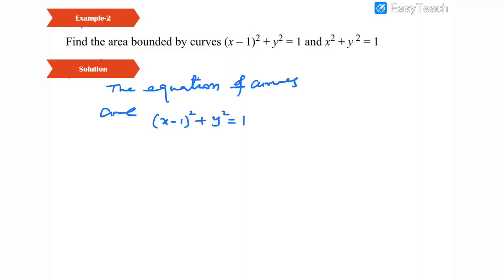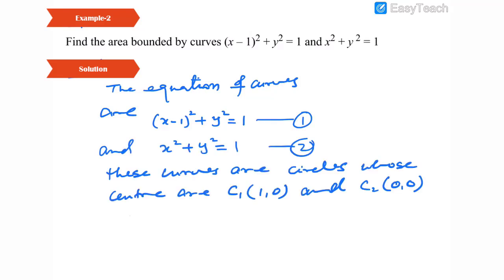The equations of the curves are given: (x minus 1) whole square plus y square is equal to 1, and x square plus y square is equal to 1. Take these as equations 1 and 2, whose centers are (1, 0) and (0, 0).